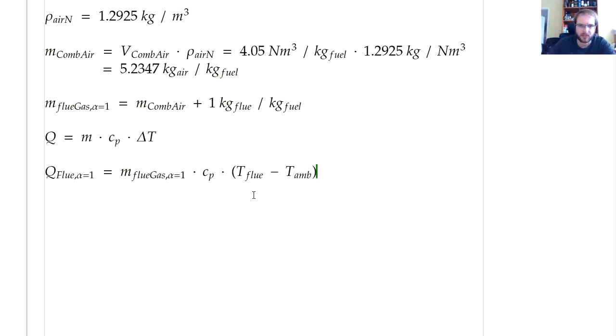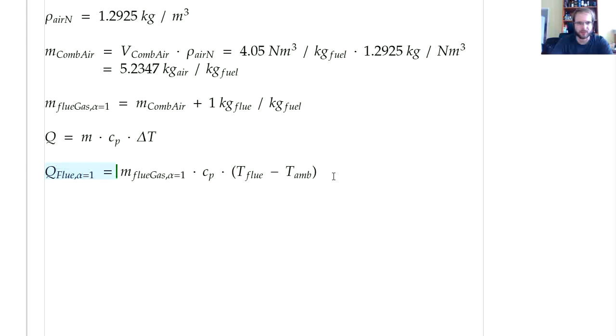When we evaluate the boiler efficiency, we should use as the ambient temperature also the reference temperature to which the lower heating value is defined, but in our case both are the same at 20 degrees. 20 degrees was defined here as the ambient temperature, and 20 degrees is the standardized temperature for evaluation of lower heating value.